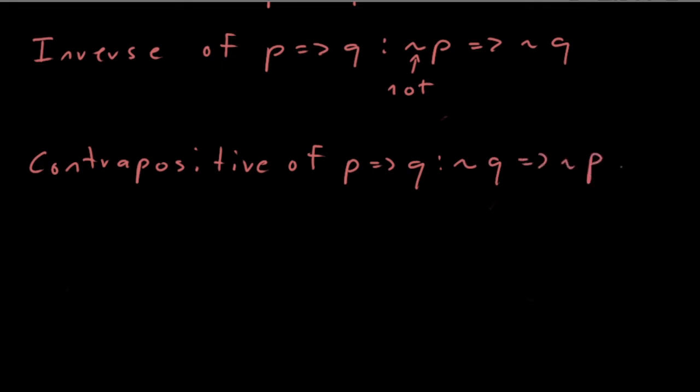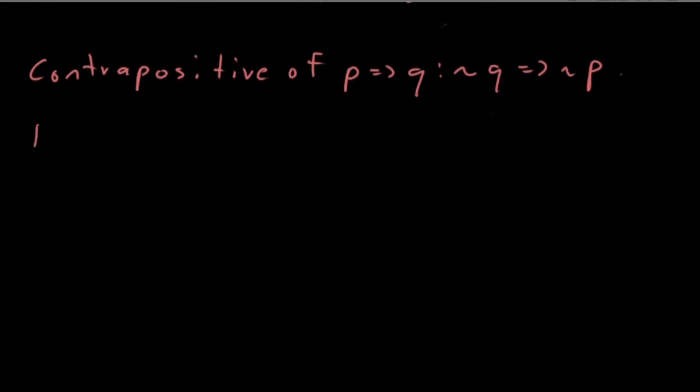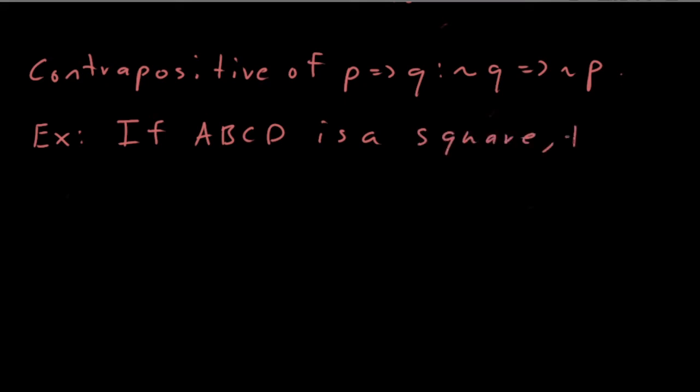Okay, so let's do an example to help us construct these other statements. Let's say we have the statement, if ABCD is a square, then it has 4 right angles.